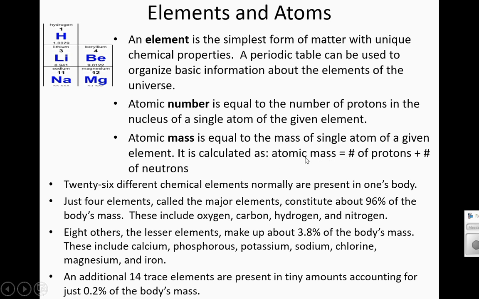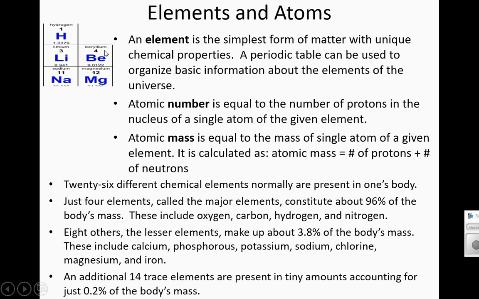And we calculate it as the number of protons plus the number of neutrons. So, from that we can calculate a lot of other stuff. Namely, we can calculate how many neutrons are in that atom.